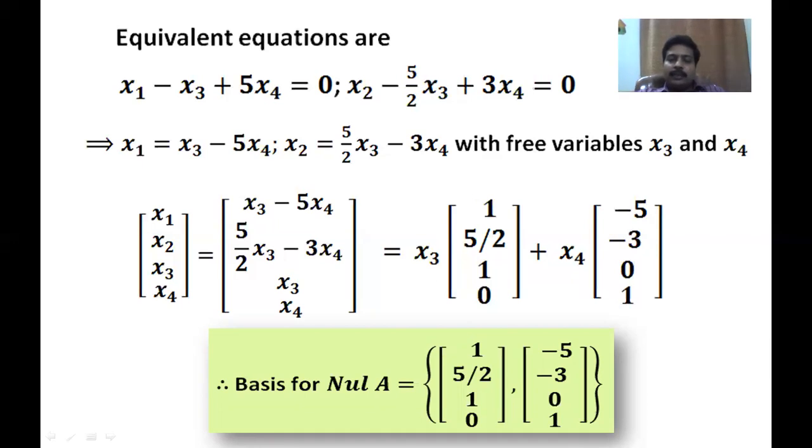So the basis for null space A is these two vectors v1 and v2, that is 1, 5 by 2, 1, 0, and minus 5, minus 3, 0, 1. So null space A is the linear combination of these two vectors.